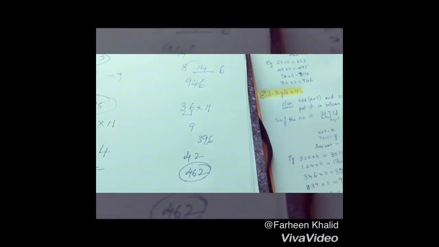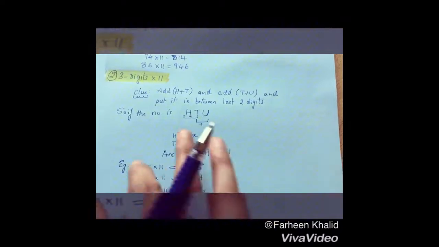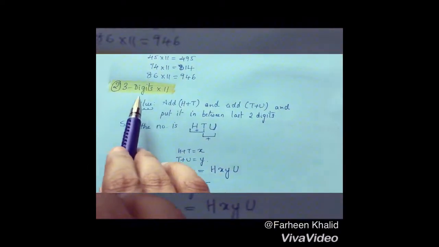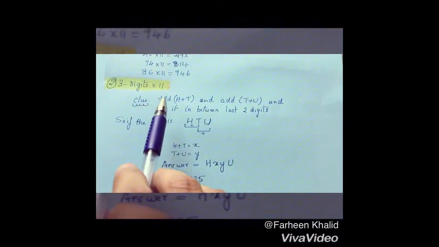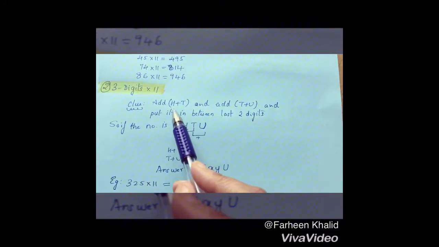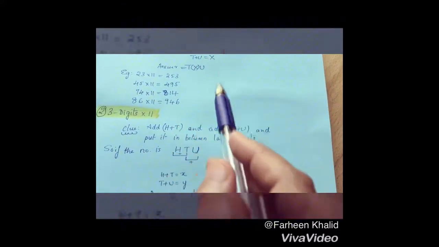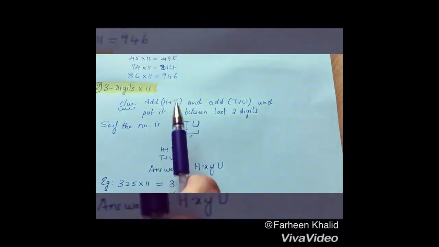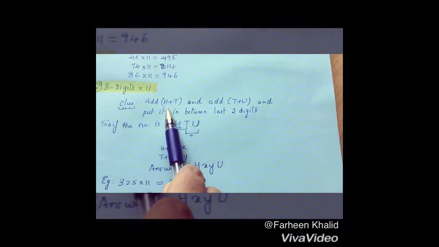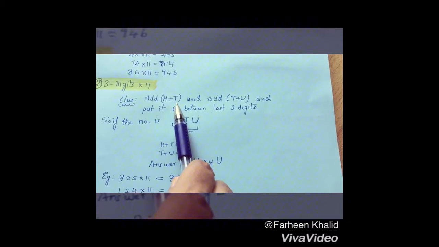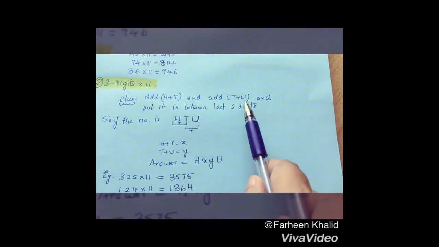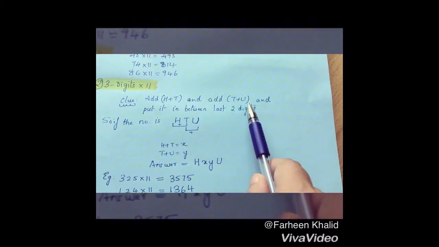Okay, now let's do the same method, but this time we have a 3-digit number. In this there is a slight difference. In the case of a 3-digit number multiplied by 11, you have to add, till now we were adding the tens and the units, if you remember. Now we first add the hundreds digit and the tens digit, and then you add the tens digit and the units digit.